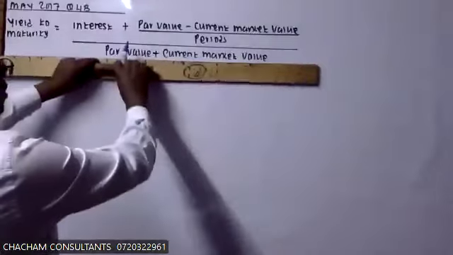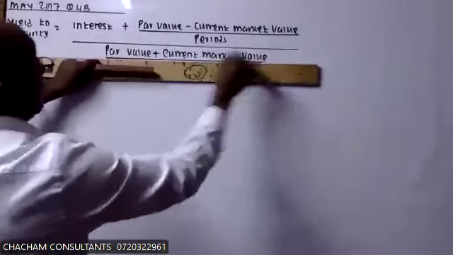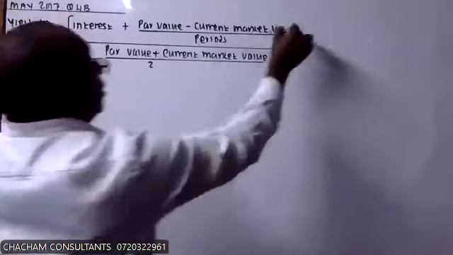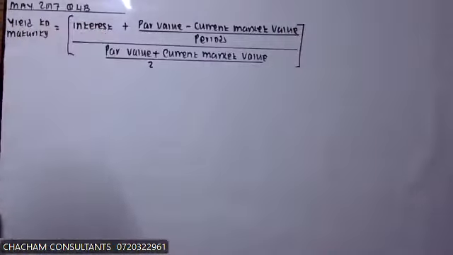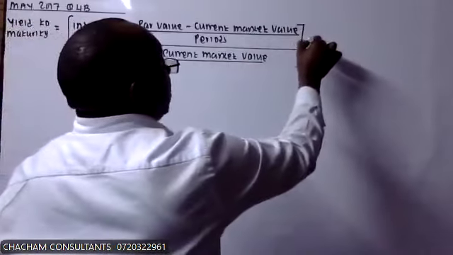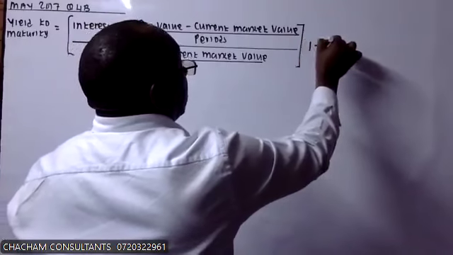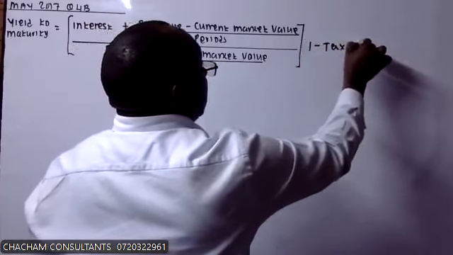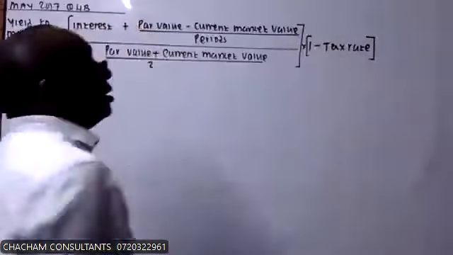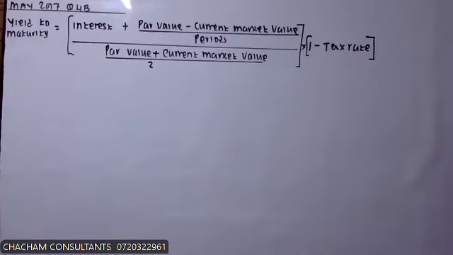You divide by 2. Then you multiply by 1 minus tax rate. That's the formula that we have in our notes.